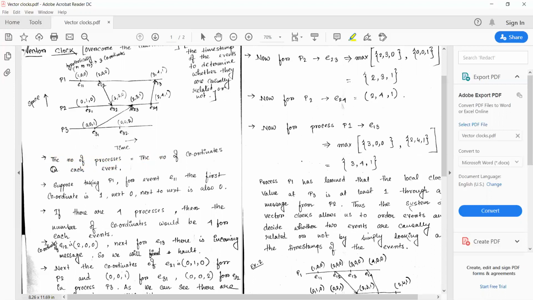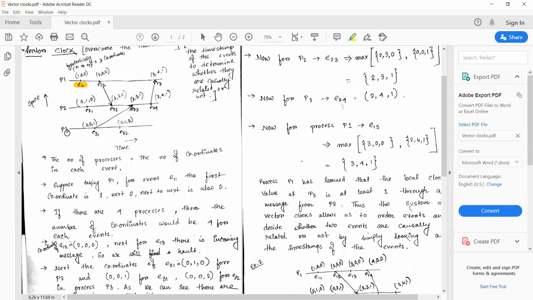Clear? First, let's start with the process P1. The event is E11. For the event E11, by default, we will start with 1. First, let's learn how we take these coordinates. How many coordinates will we take here? 3 coordinates, because there are 3 processes: P1, P2, P3.